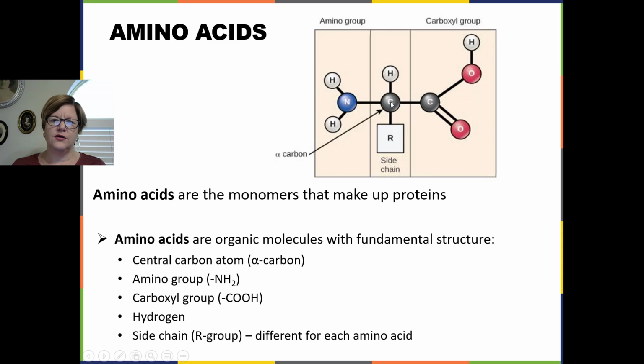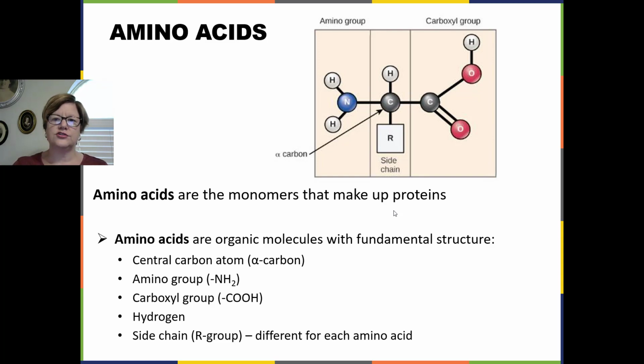This carbon in the center is called the alpha carbon. The alpha carbon always has one hydrogen attached to it, and then something else. R means something else, the rest. The side chain, sometimes we call it the variable chain, sometimes we just call it the R group. So R group, side chain, variable chain all mean the same thing when we're talking about the amino acids.